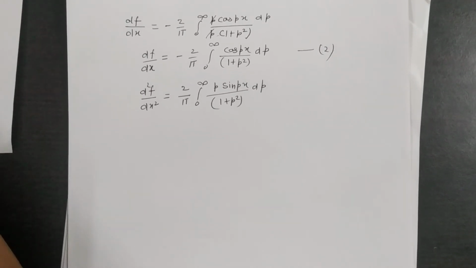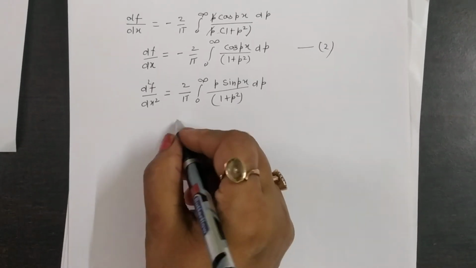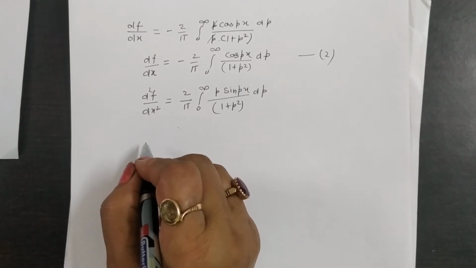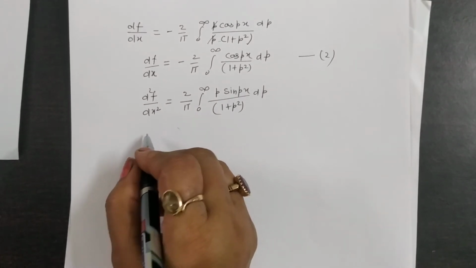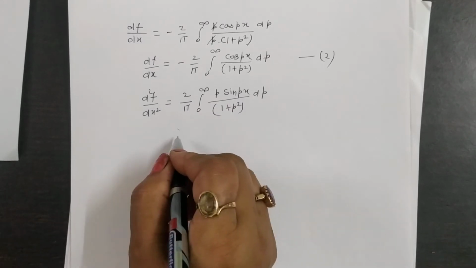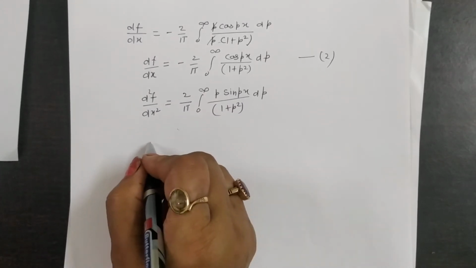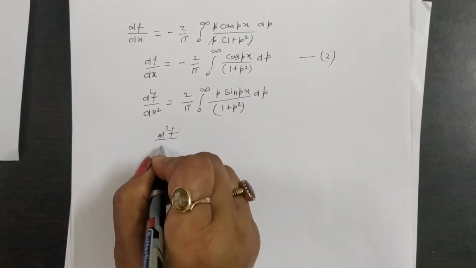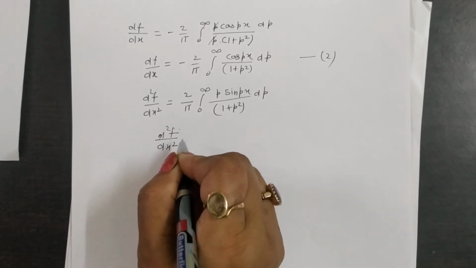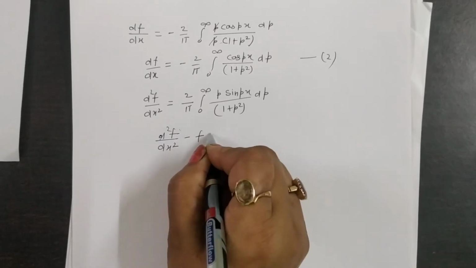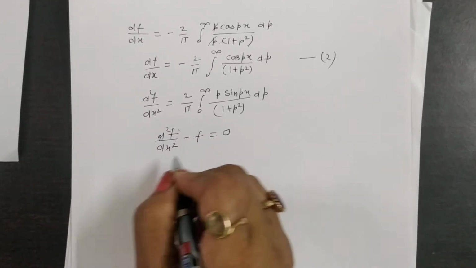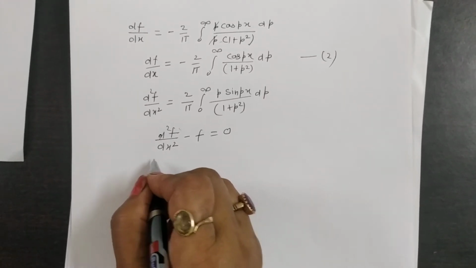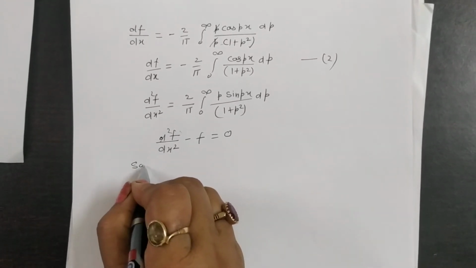This can be written as d2f by dx2, with 1 by p square, so it becomes d2f by dx2 minus f equal to 0. Now we get the solution of this equation.